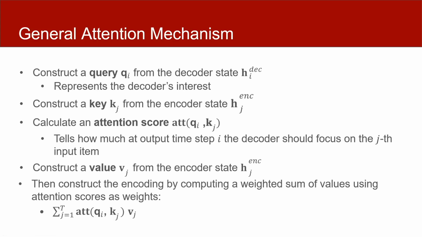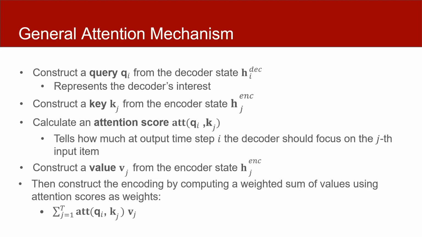So this notion of queries, keys, and values was introduced by the paper Attention is All You Need. And notice that the keys and values are both generated from the hidden state Hj. But the key is what we use to compare with the query to generate a score, and we use the corresponding values V to combine to generate a final representation.